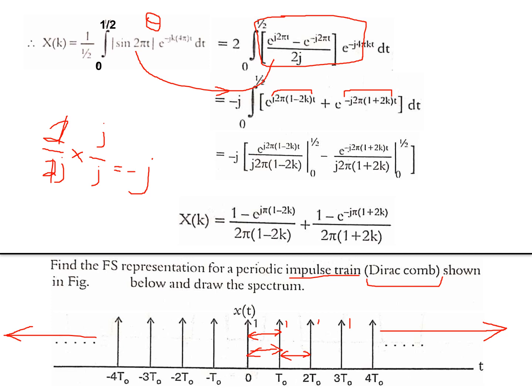You're going to see that the amplitude of each spectral line will be 1 by t naught, and the shape of the spectrum will be exactly the same as the shape of its time domain counterpart. There is no difference between an impulse train in the time domain and an impulse train in the frequency domain. In place of t, there will be frequencies, and the amplitude will be 1 by t naught. Otherwise, the shape will remain the same. It's a very interesting problem. Let us see how to get the spectrum of this signal in the slides to follow.